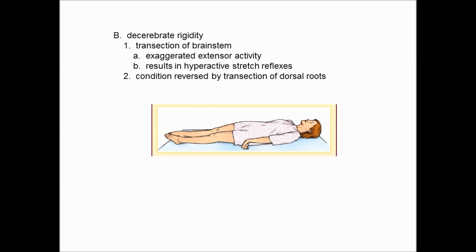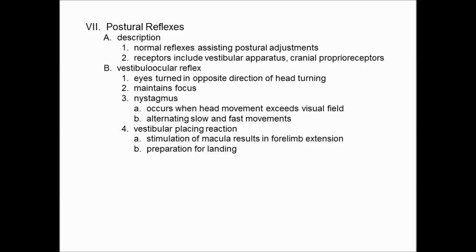And finally, a little bit about postural reflexes. We've mentioned some of the eye reflexes briefly before, but these again depend on proprioceptors. When we're talking about posture, usually they're the vestibular apparatus or cranial proprioceptors. The first ones are those that regulate our eye movement, and it usually comes from the devices in the inner ear we talked about last week or so.